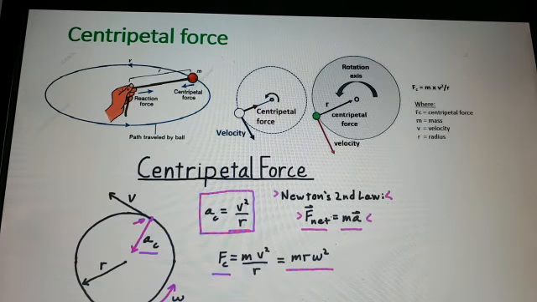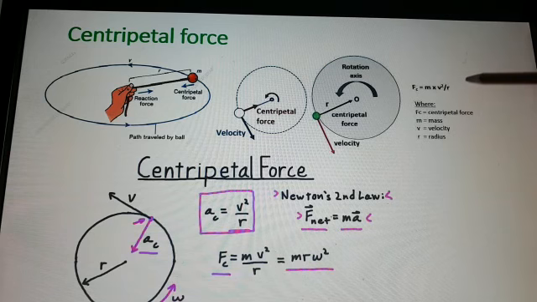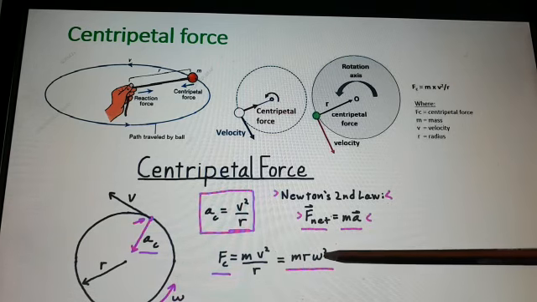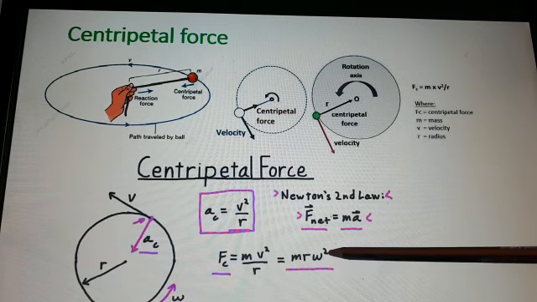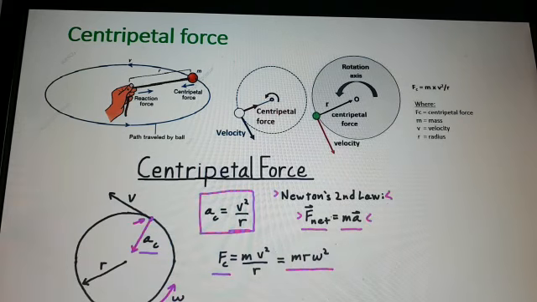So the equation for the centripetal force is m r omega squared. Fc is the centripetal force: m v squared by r, and instead of v squared by r we can write r omega squared, because a is equal to r omega squared. You studied a is equal to v squared by r; in that we will write a is equal to r omega squared.